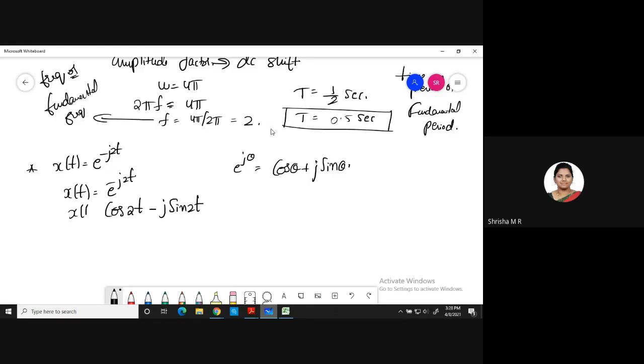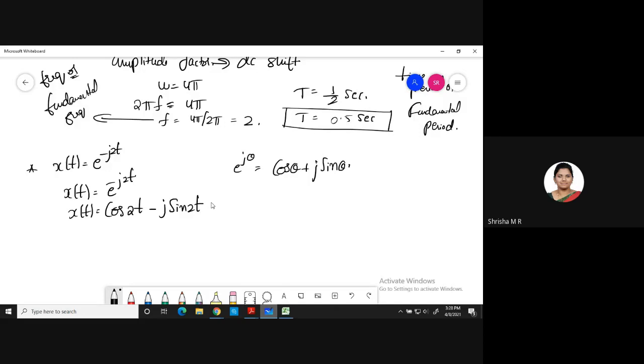Can we write like this? Yes, ma'am. So I'm writing this in the form of e power j theta, which is cos theta plus j sin theta. So the question has e power minus j 2t, so it's of the form e power j theta. It's nothing but cos theta plus j sin theta. So now you write this in cos theta plus j sin theta form. So you have got this.